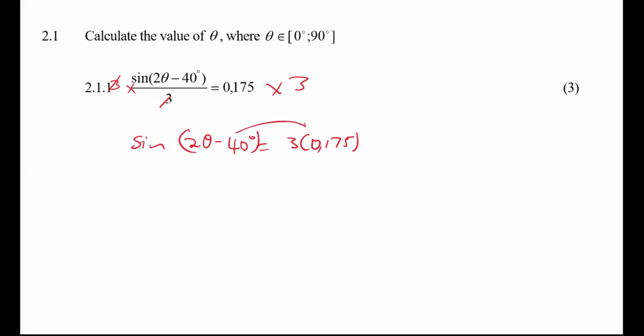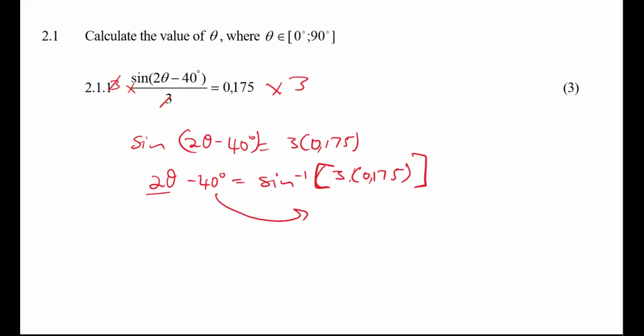Before you can do that, we need to find the inverse because it's part of the angle. So 2 theta minus 40 degrees is equal to the inverse of 0,175. Then you can take the 4 to the side, then divide by 2.